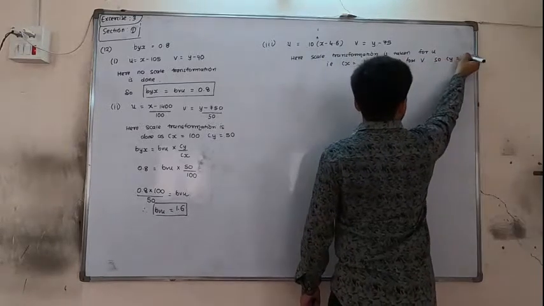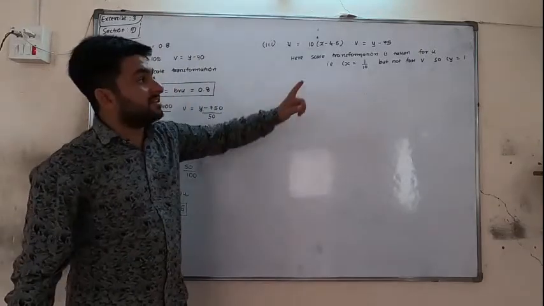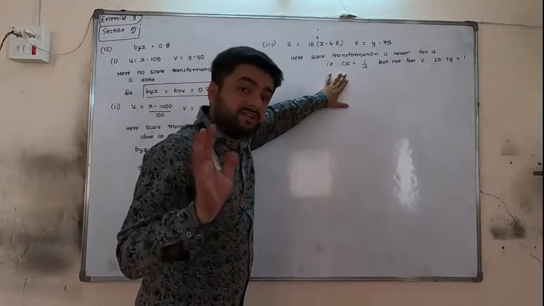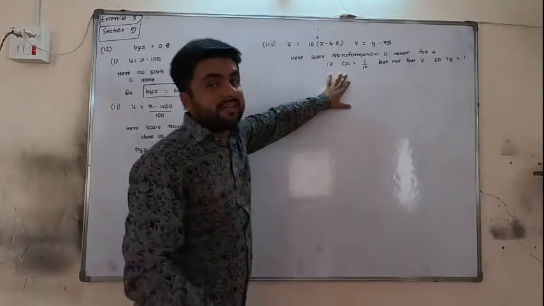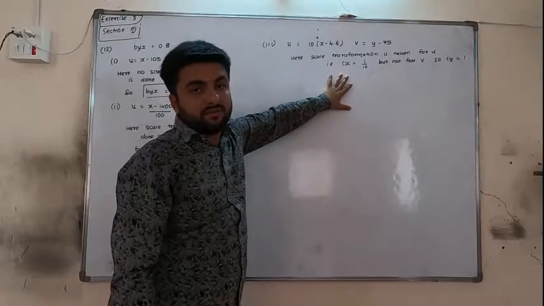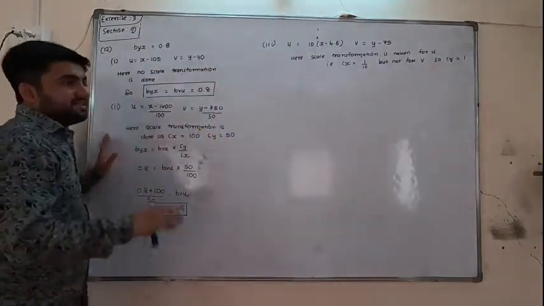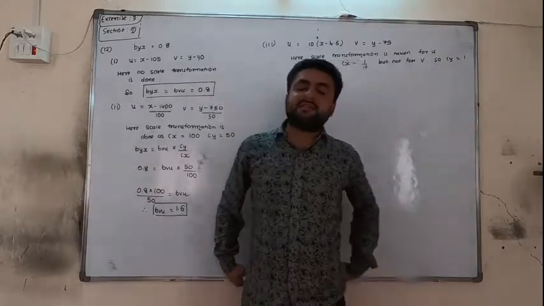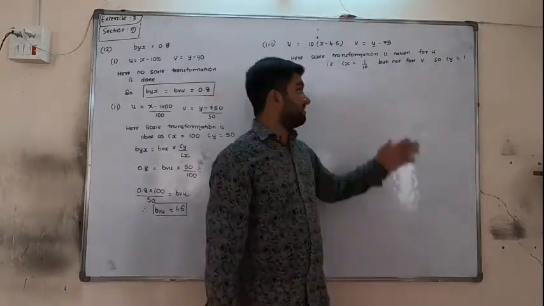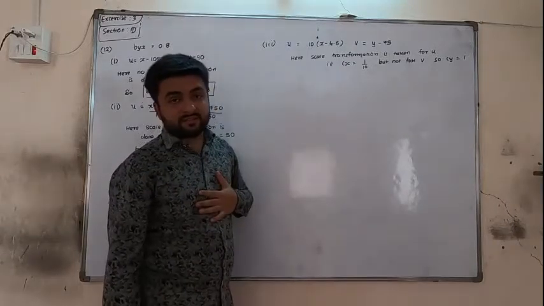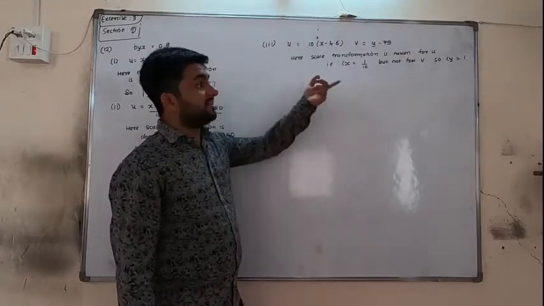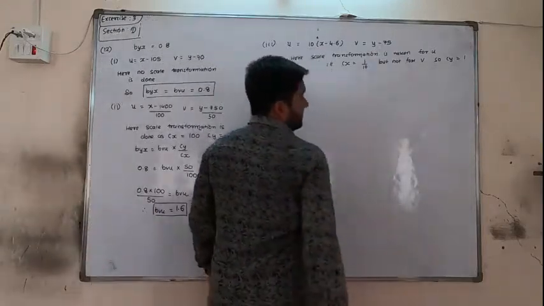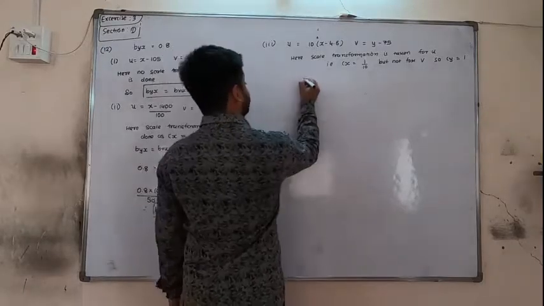So Cy is equal to 1. If nothing is taken, then you should take 1, because if one is taken and other is not taken, then the other term should be taken as 1. If by mistake you are taking it as 0, then the whole sum will be wrong. In illustration 21 and section C's 10th sum, both were taken. This is the first question where one is taken and one is not taken. So when one is taken, the other is to be assumed as 1 only. Okay, this is important, because anything subtracted and divided by 1 is the same thing.